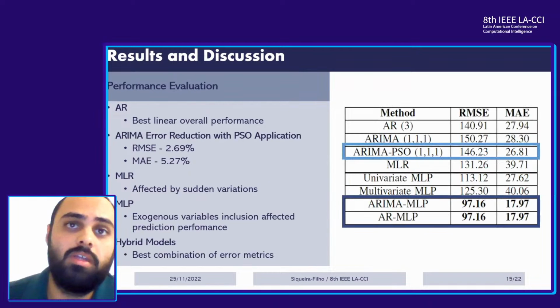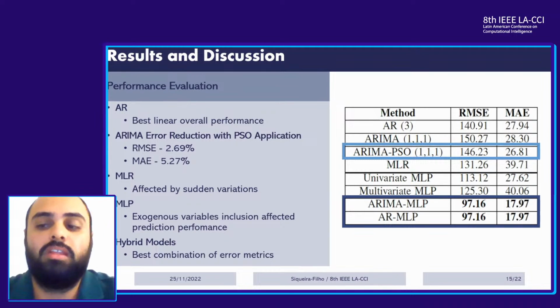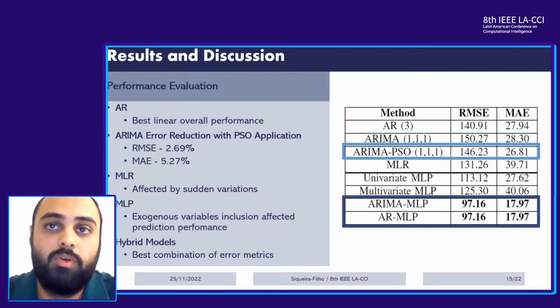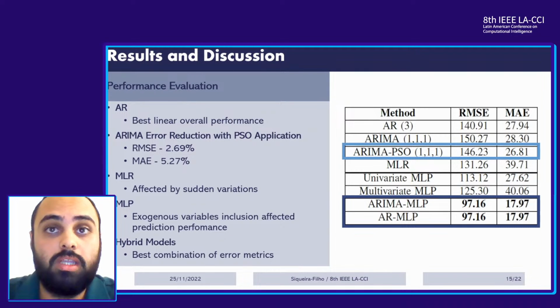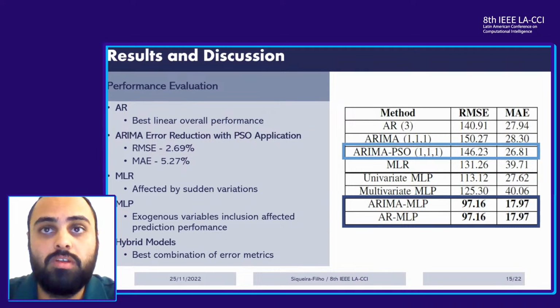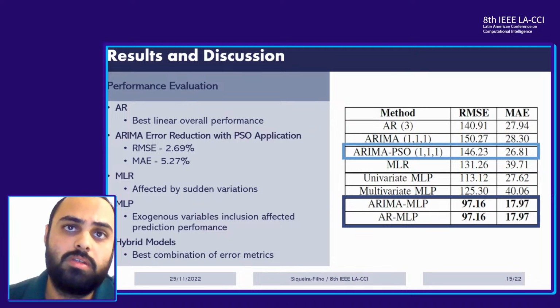Performance evaluation. Considering only the linear prediction models, AR3 obtained the best combination of error metrics, but the use of the PSO for estimation and identification reduced both error metrics by 2 and 5%. But talking about the nonlinear techniques, the univariate MLP was more capable of describing patterns individually than the linear models.